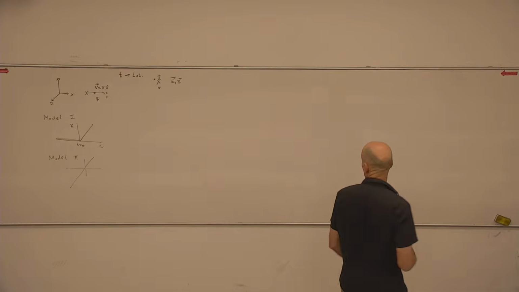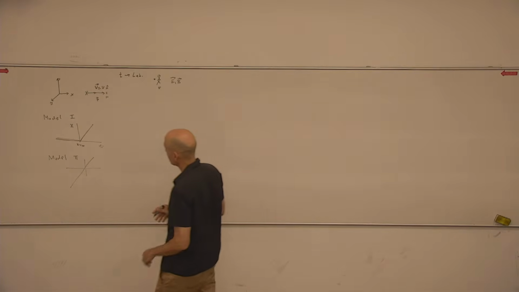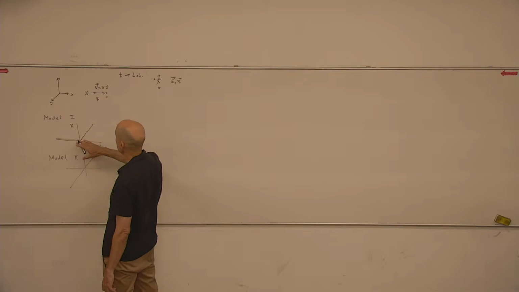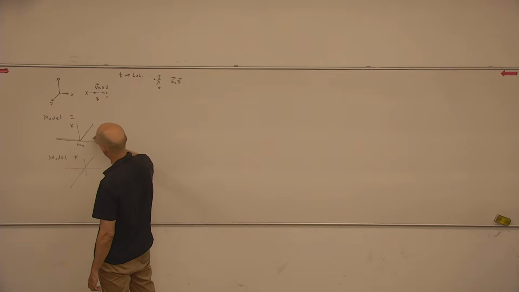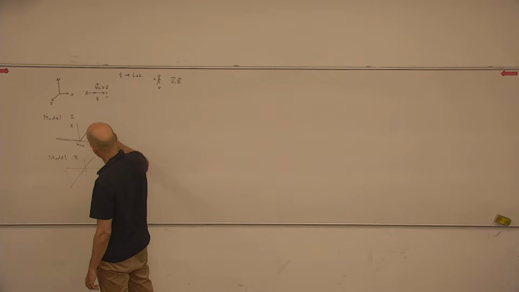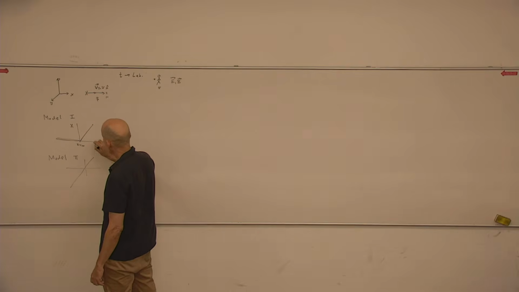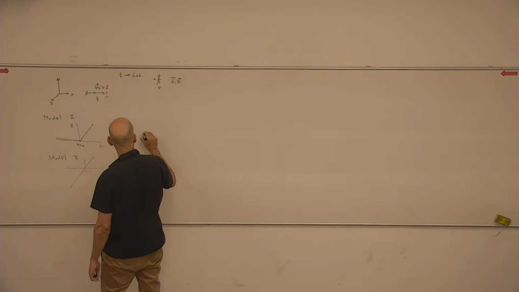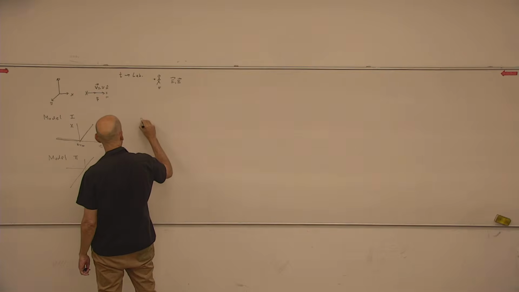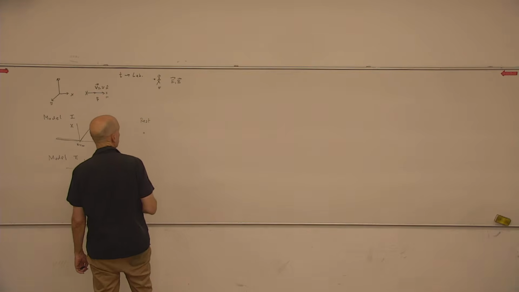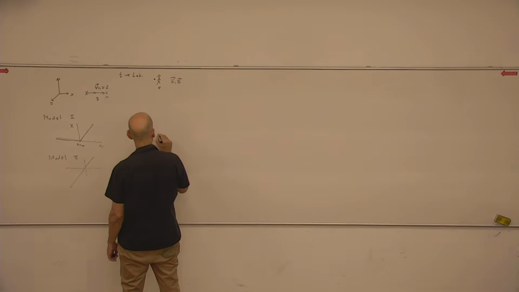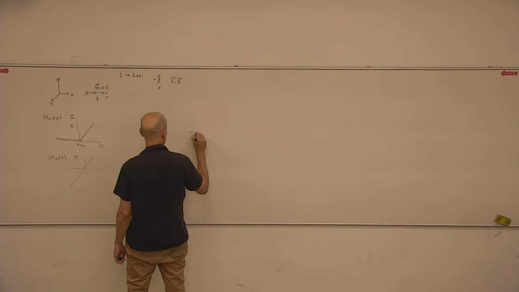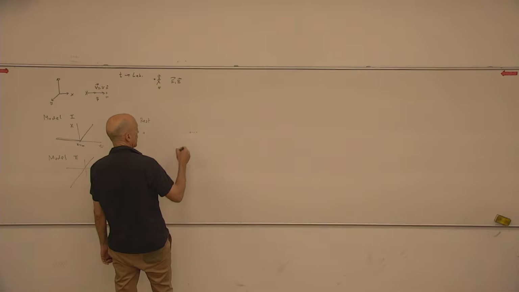For example, let us look at this model where you stayed at rest and then you started to move, and let us say we are now at some time t here. So this particle was at rest for a very long time, and then it started to move later on at time t equals 0.